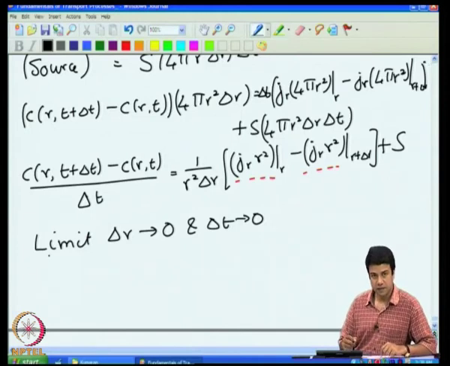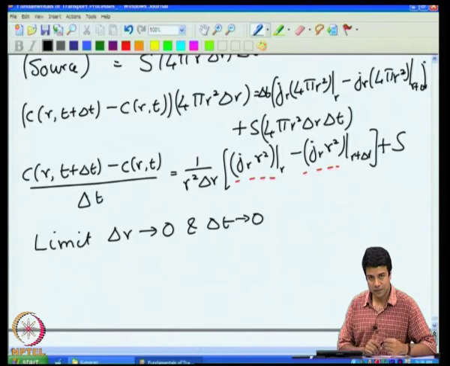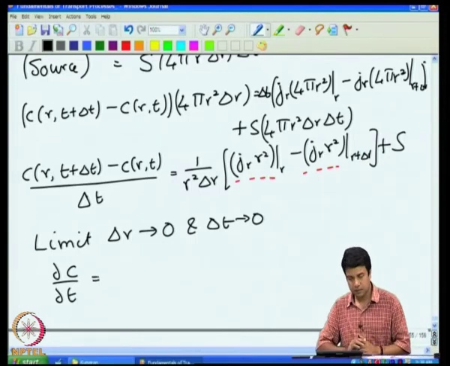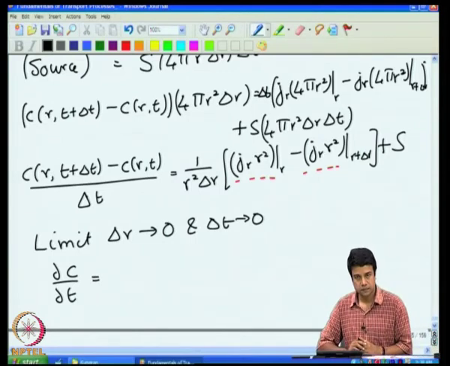The left hand side, as delta t goes to 0, C at t plus delta t minus C at t is just equal to dC by dt. On the right hand side, I have J r times r square at r minus J r times r square at r plus delta r, divided by delta r.